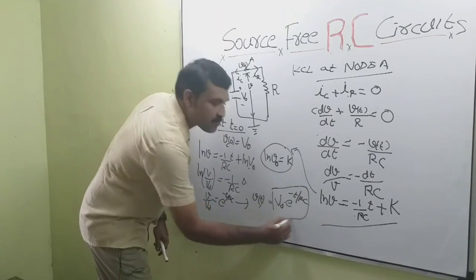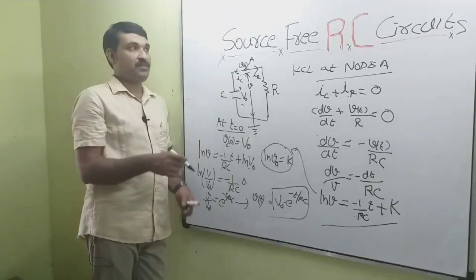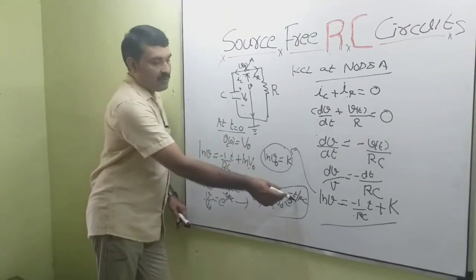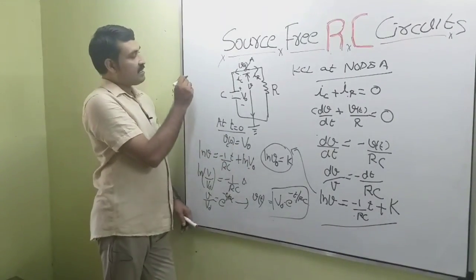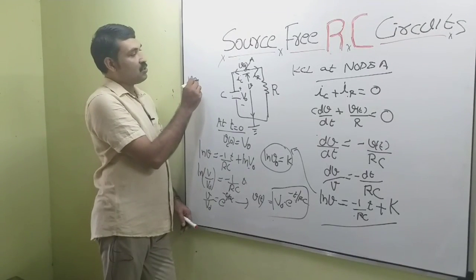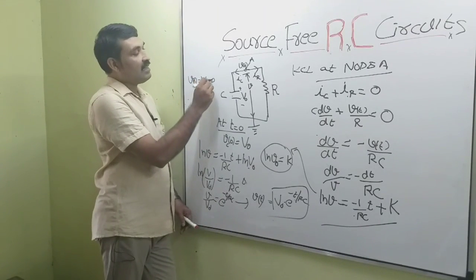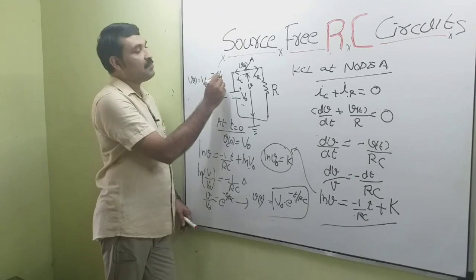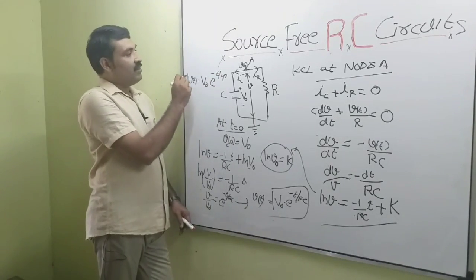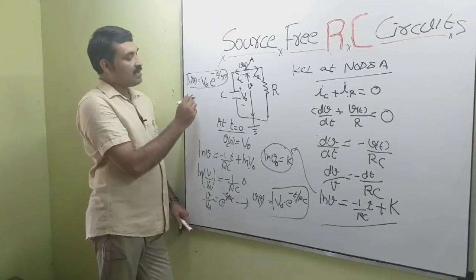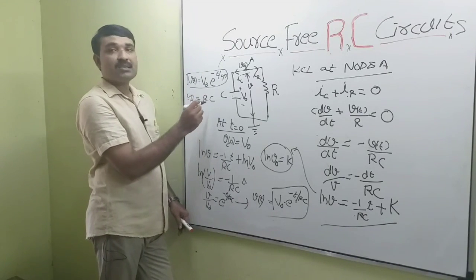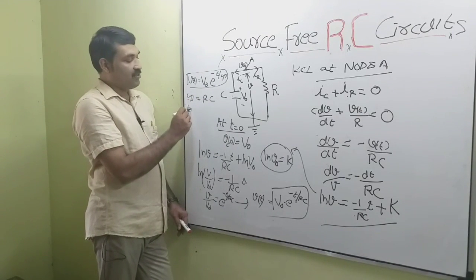This is the expression for finding the voltage. Now, this can be written as V of t is equal to V0 into e raised to minus t by tau, where tau is equal to RC. It is called the time constant of the network.